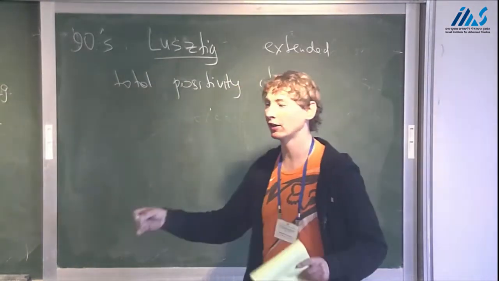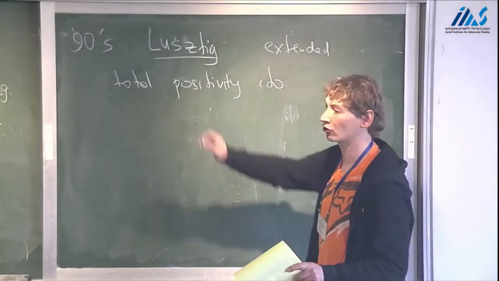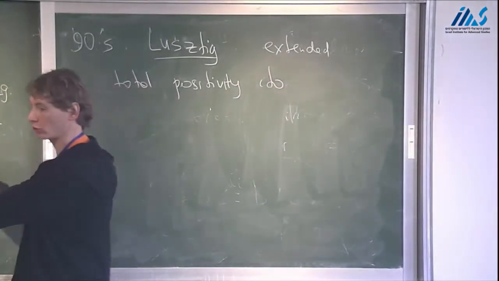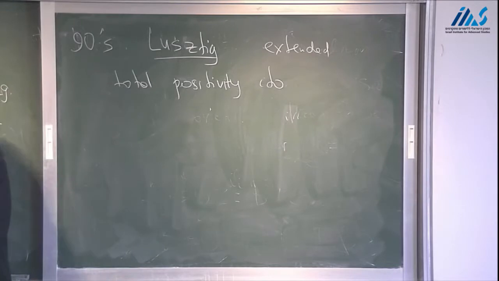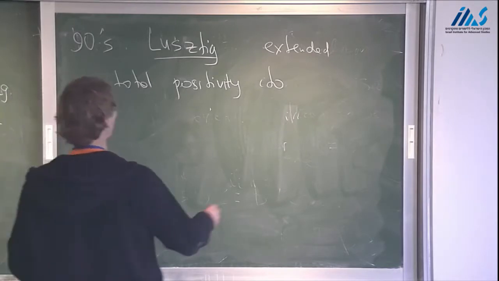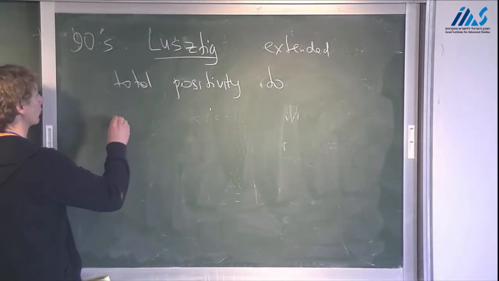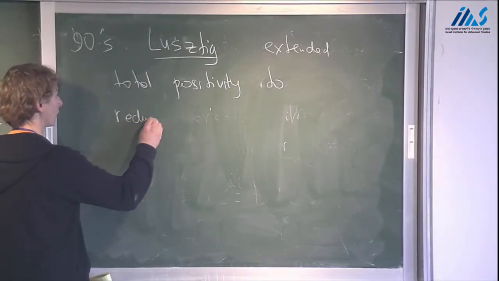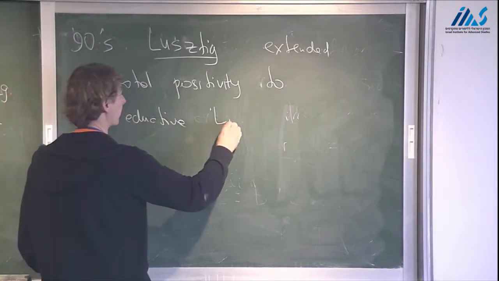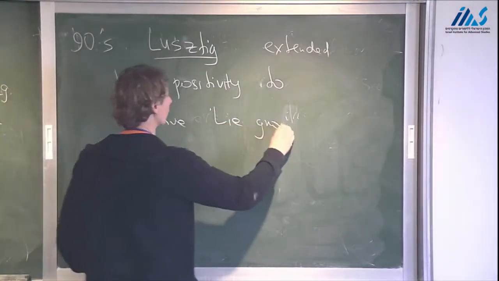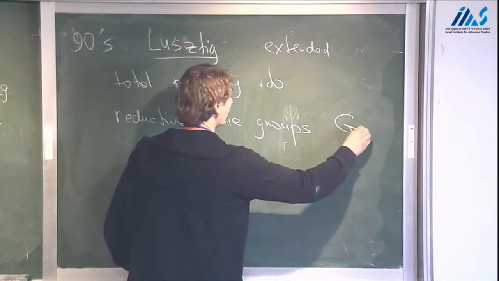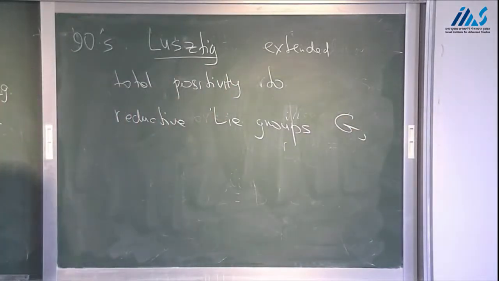So he gave a Lie theoretic generalization of this. Not only for matrices, but for any reductive Lie group. He defined the totally positive part of a reductive Lie group. And also, he defined it for generalized flag manifolds.